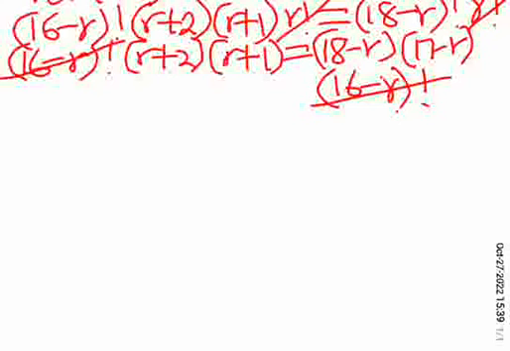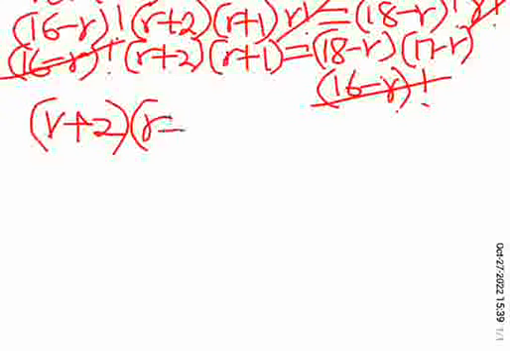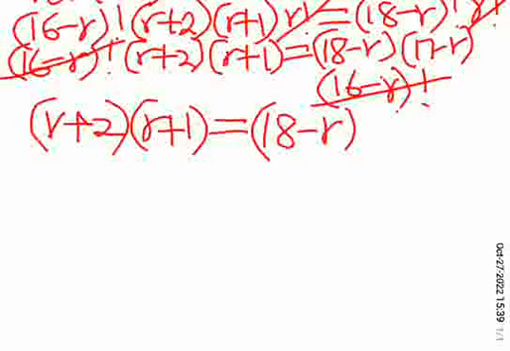So bringing down the expressions we have left, we have R plus 2 multiplied by R plus 1 equals 18 minus R multiplying 17 minus R. And then expanding the bracket. R times R is R squared.